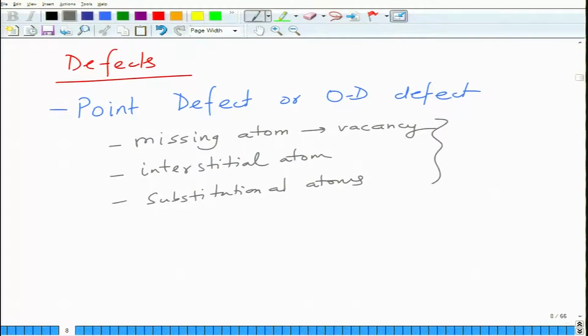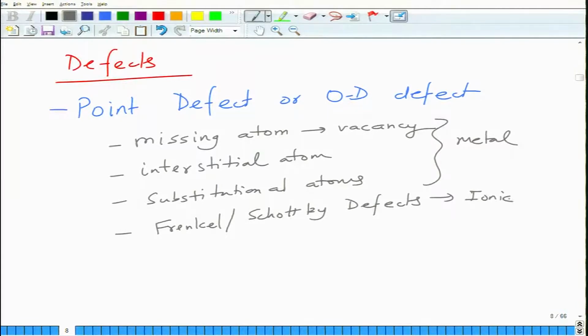This would be true in case of metals and other materials. In case of ceramics, you can also have defects such as Frenkel defects and Schottky defects. Ionic solids. Okay.